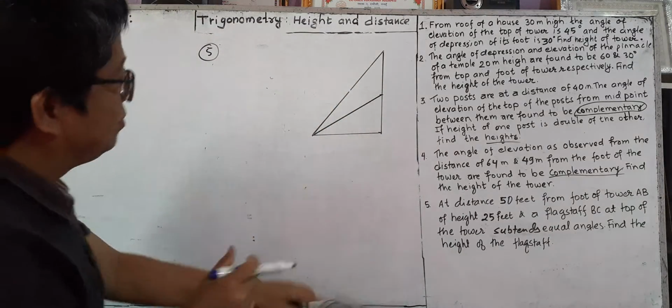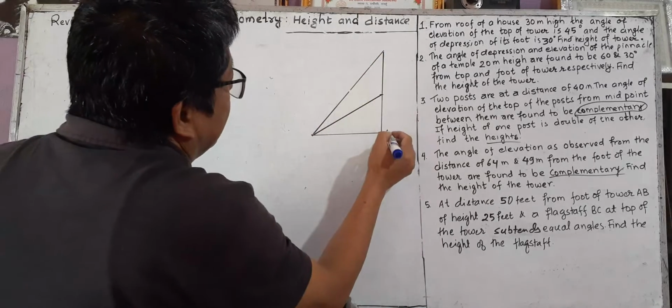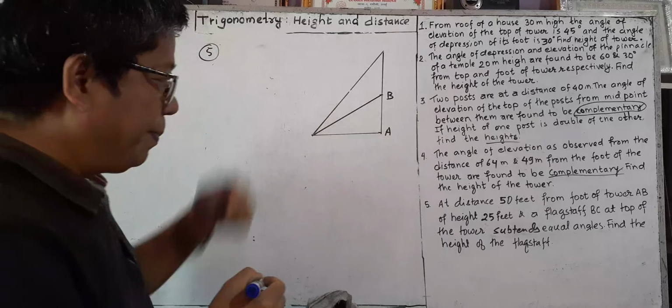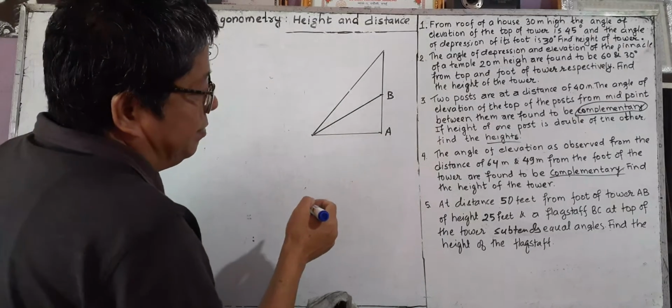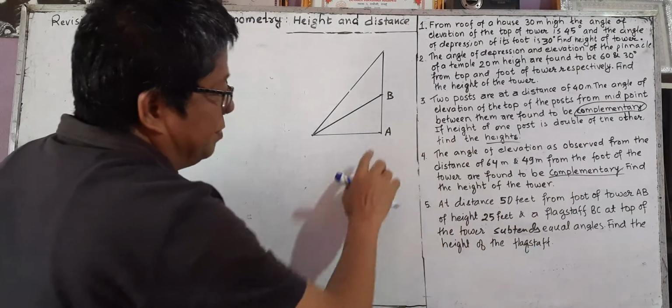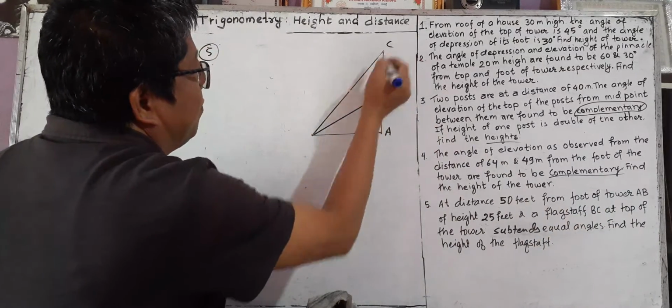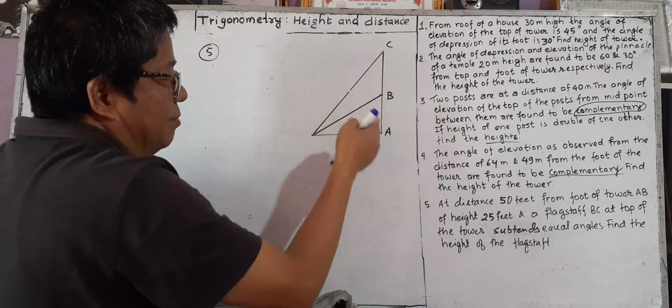So look at here now. AB is a tower, from the question, and BC is a flagstaff. So the flagstaff is on the top of the tower.